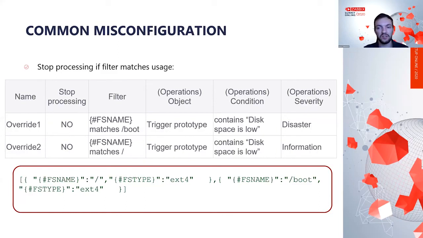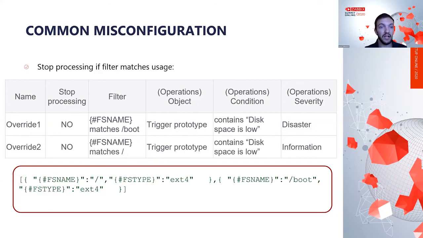So the setting is not turned on, and therefore what will happen is that your first items or trigger prototype, the one that is going to match the root, is going to be switched to information severity, and then the second one, which is going to match boot, will also be matched to information because it also matches this particular override, right?